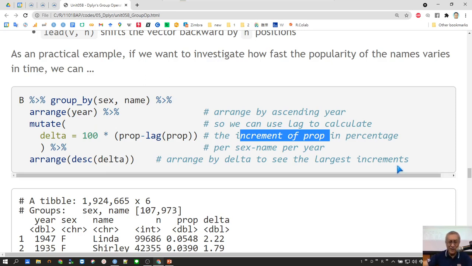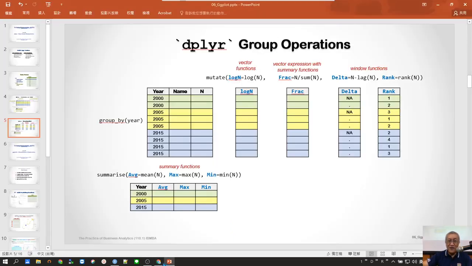So I think from this time on, you will use Dplyr again and again, and you will learn more and more about Dplyr. Besides these basic verbs, there are a lot of special features to make programming easier in the Dplyr package.